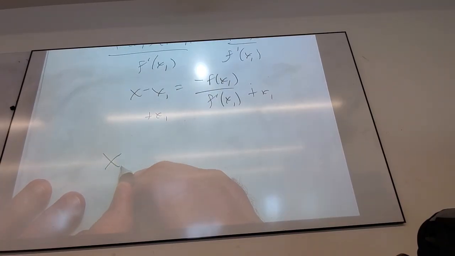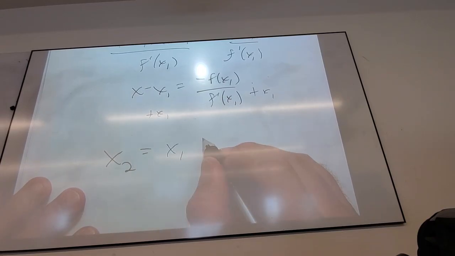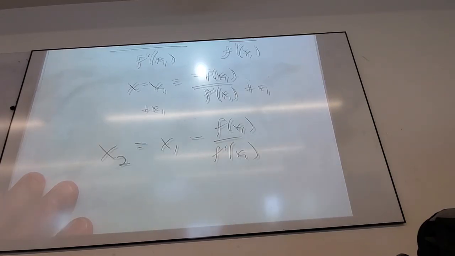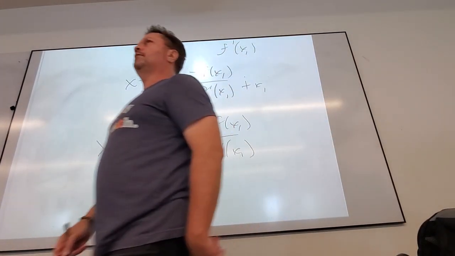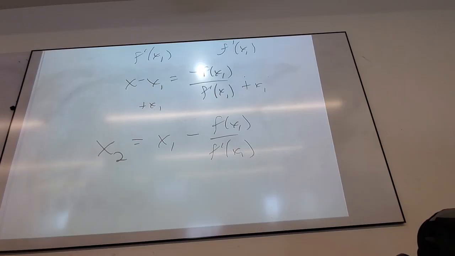So I get x2 equals x1 minus f of x1 over f prime of x1. Which, you know, some people get a little lost in the sauce. There's no reason you would know the answer would look like that. But it's not a surprise. We just solved the equation set equal to 0, right?